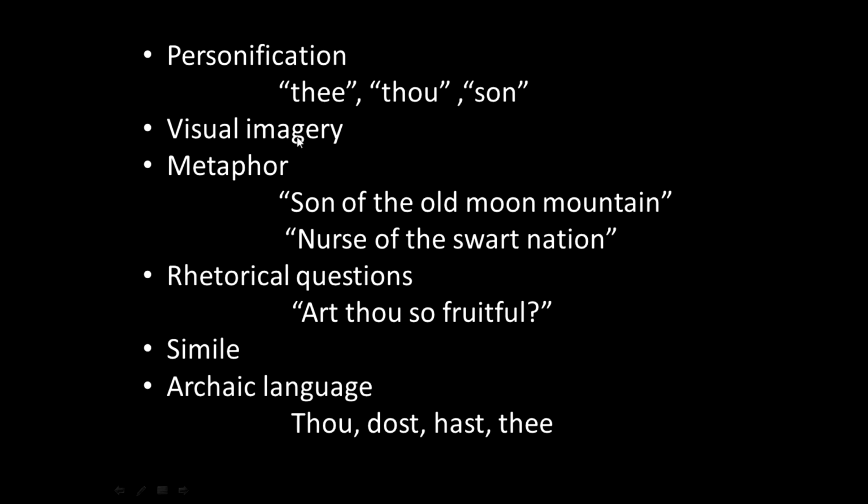When you read this poem, there's no doubt that you are creating mental pictures about the Nile River, how it was helping, and the green lands. And then metaphor. Here you can find some metaphors: "Son of the old moon mountains, nurse of the swart nations." Those metaphors you can see in this poem.